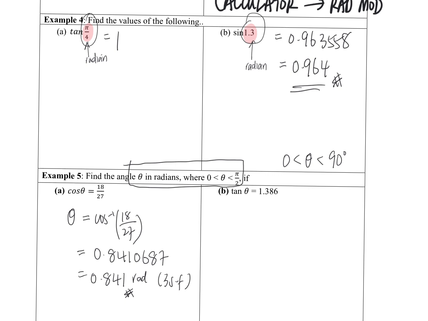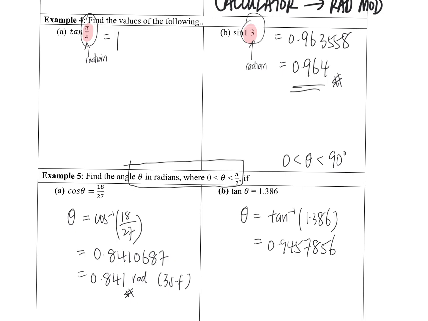So these are the fundamentals. Make sure you get that right. I accidentally changed this one. So which one is it supposed to be? Shift, setup, angle unit, radian.